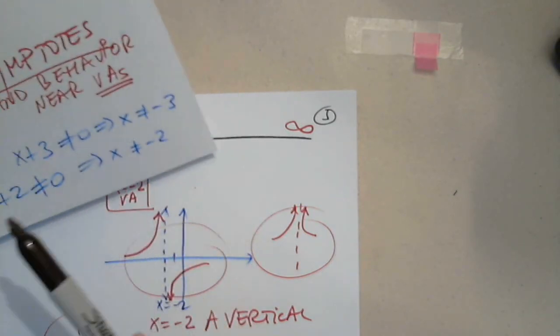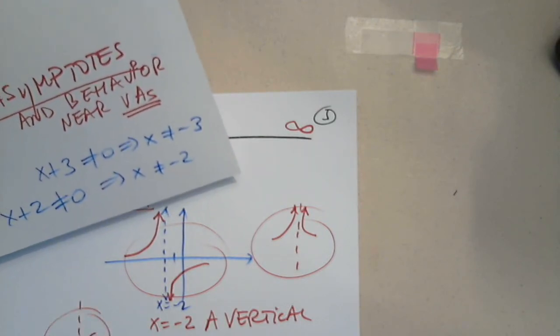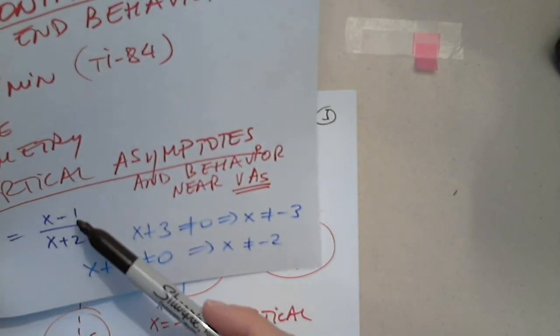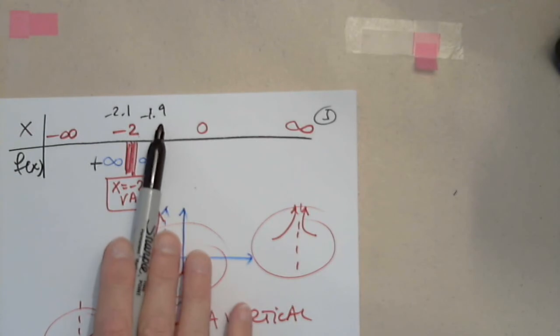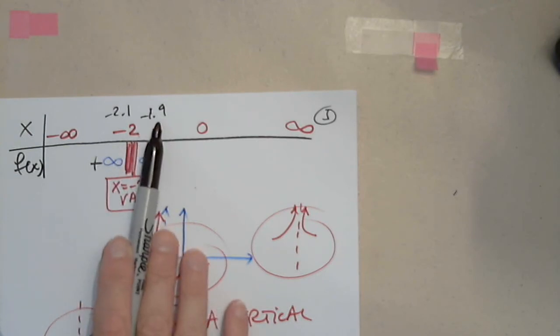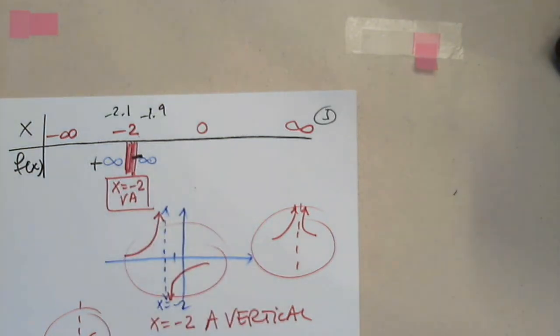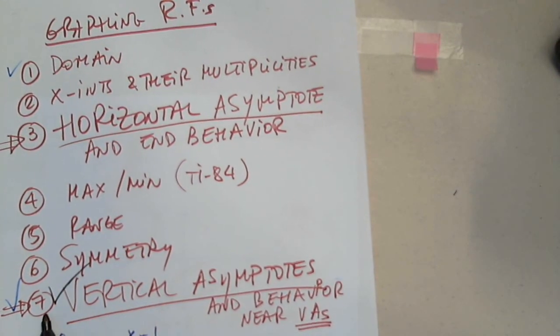But the denominator, negative 1.9, but now plus 2. What will that sign be? Positive. Yes. So I have a negative over a positive. What will be the sign of this infinity to the right of negative 2? Negative. That's it. And this is done. Item 7 is done.